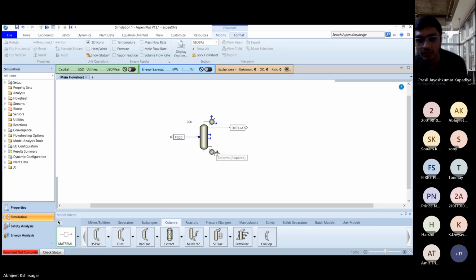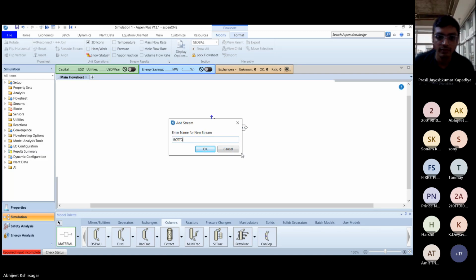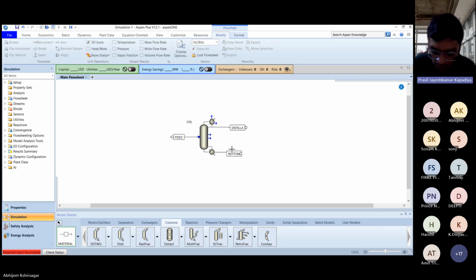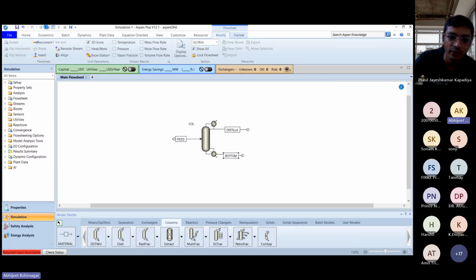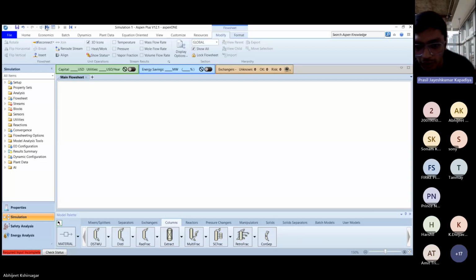Now we will add bottom. Is this fine for everyone? Is one person solving the problem or should I solve? Please respond, guys. We have added feed, distillate, and bottom streams. Now we are supposed to give feed flow rate and feed composition. The feed flow rate is 200 pound moles per hour.